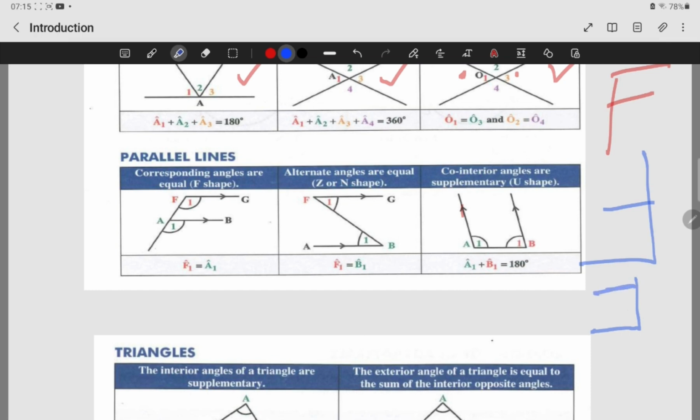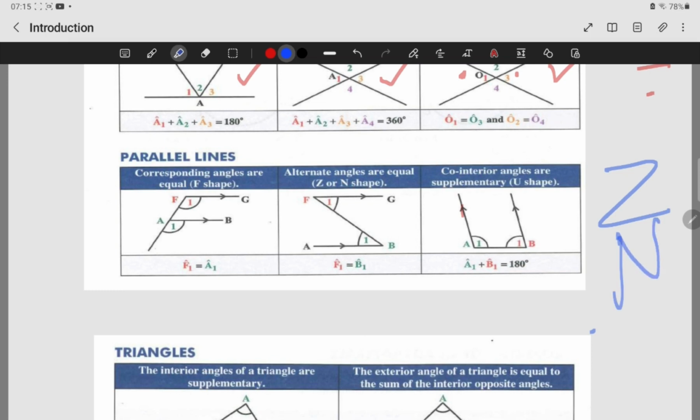So you need to be able to visualize your angles even if it's not the normal F, where your F maybe is upside down. Same thing with your N or your Z, it can be like that, or it can be like that, it can even be like that.